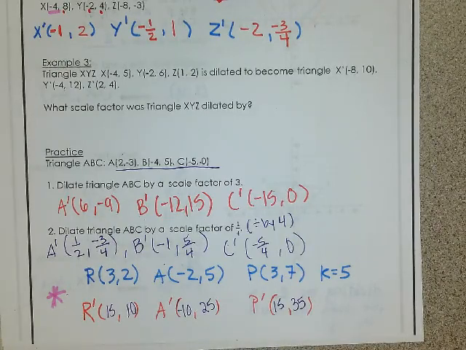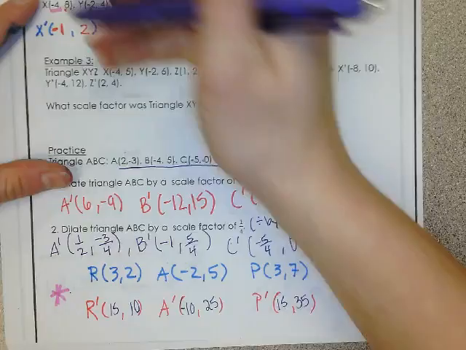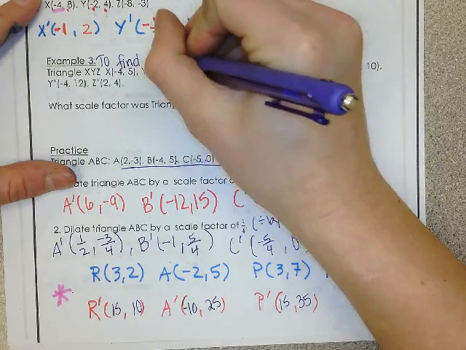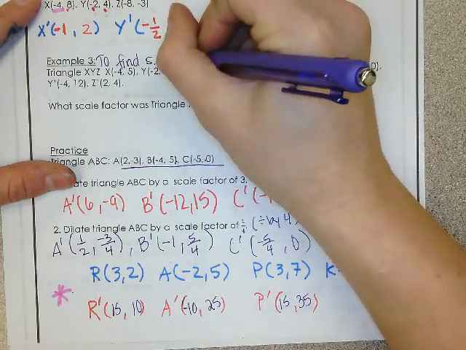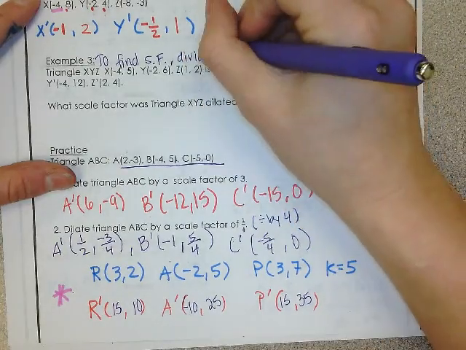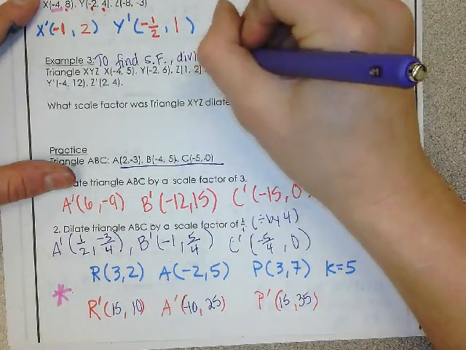So to go backwards, we have to divide, right? So to find the scale factor, we divide. You're going to put the new over the old.